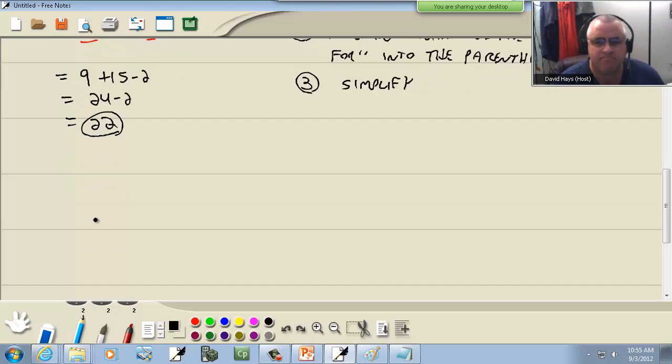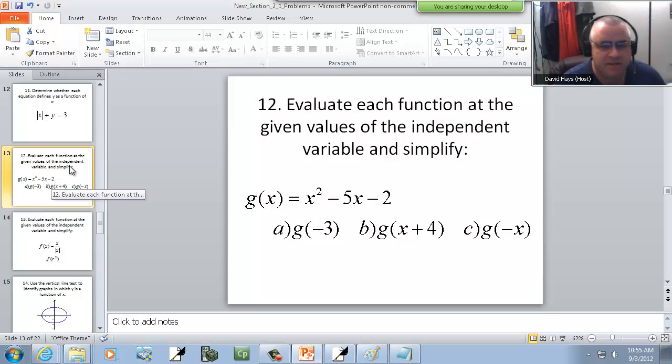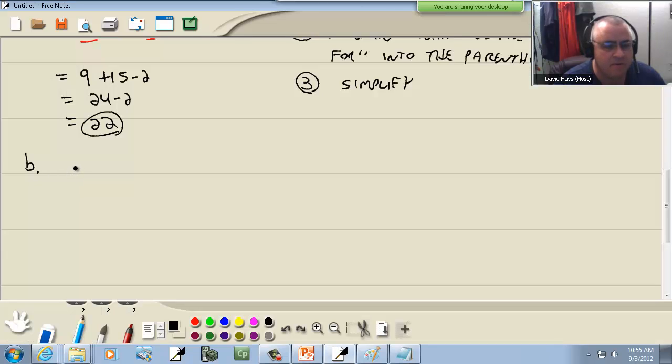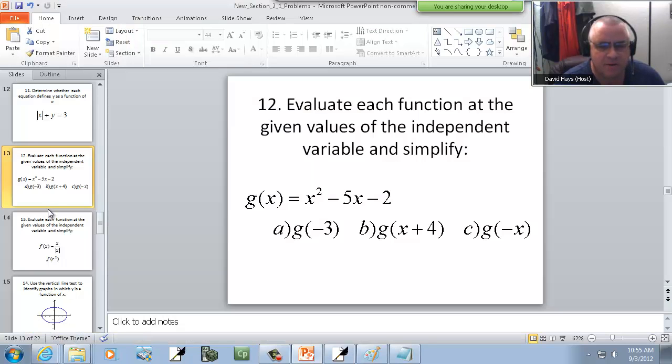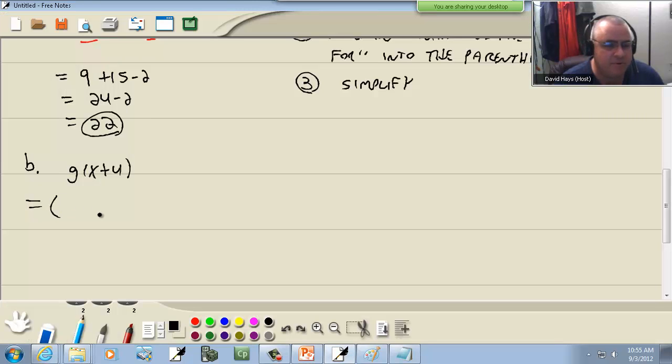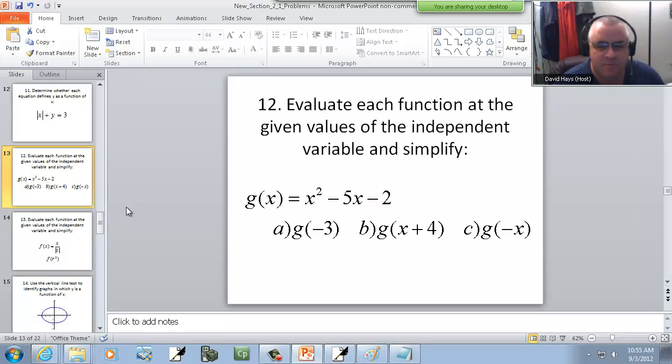Let's take a look at part B. Part B says find g of x plus 4. See, our original problem was x squared minus 5x minus 2. So again, first step is we're going to go through, and everywhere we have an x, we'll put in parentheses.